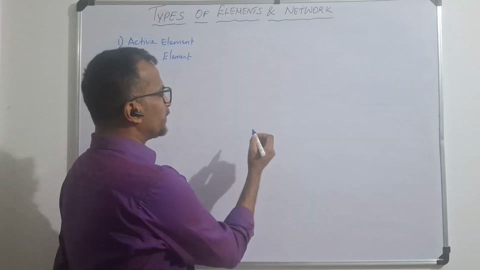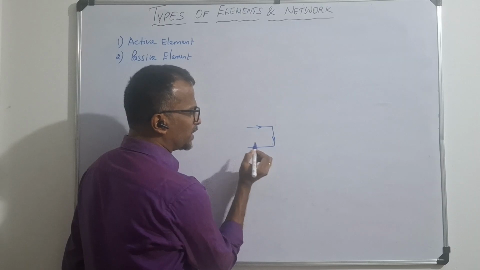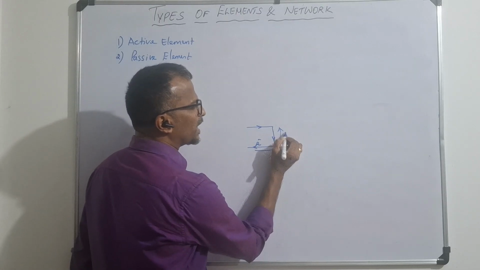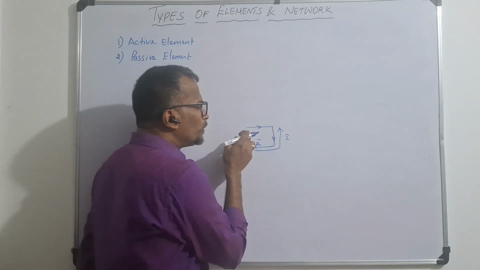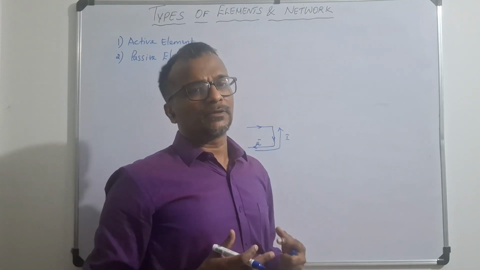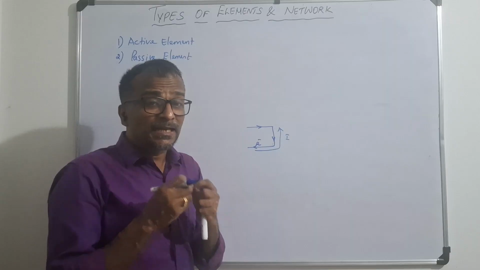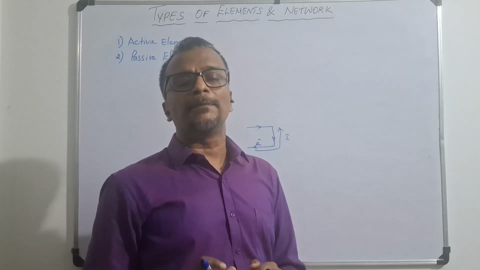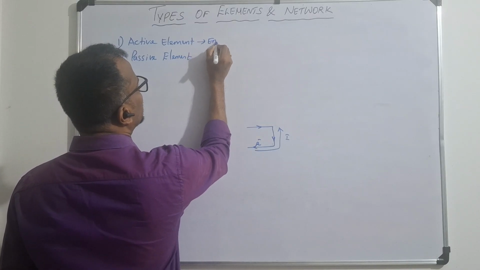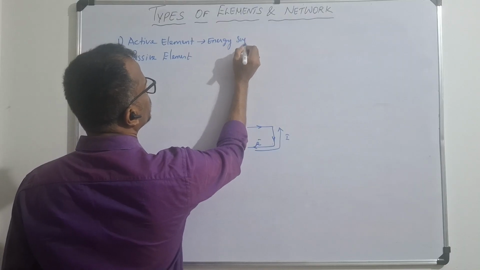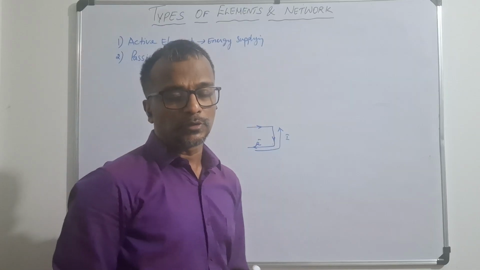Already we know that in any circuit the electrons will flow from one place to another, therefore we consider current flow in the opposite direction, conventional current flow, right? For moving the electron we require energy, a force, so that the electron will be moved. The energy will be supplied by the element. Those elements are called active elements. Energy supplying element is called an active element.